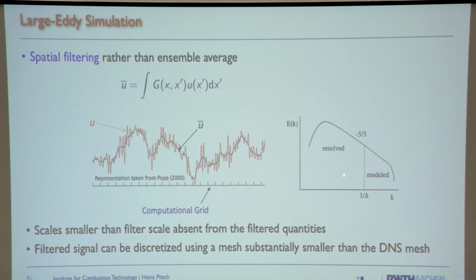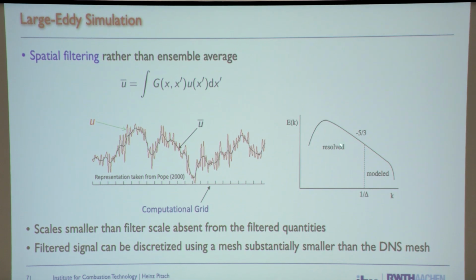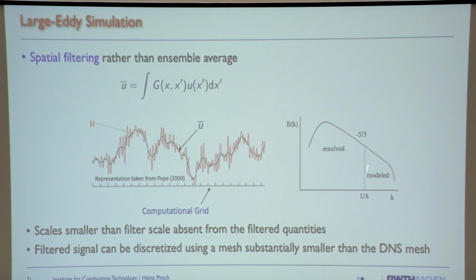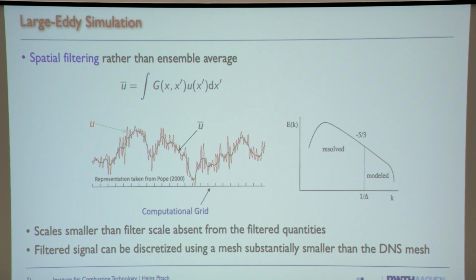The second big advantage is that we now model only the small scales, and we said the small scales are isotropic. The anisotropy is difficult to model, while isotropic turbulence is much easier to model. So in general, LES has a lot of advantages.